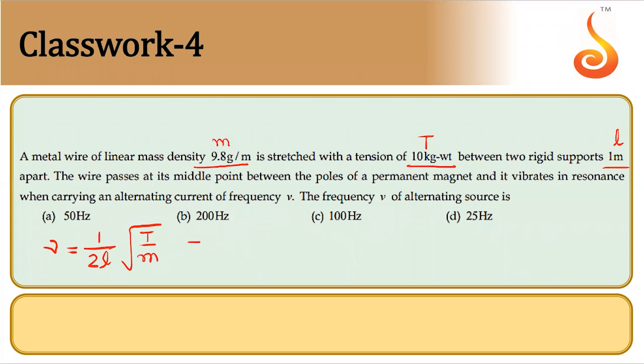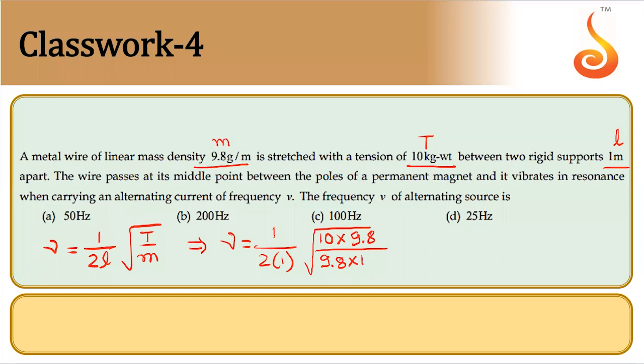right? So we need to find nu: 1 by 2 into 1 into root of T, which is 10 kg weight. So 10 kg weight means 10 into g, that is 9.8, divided by mass per unit length, which is 9.8 gram per meter.